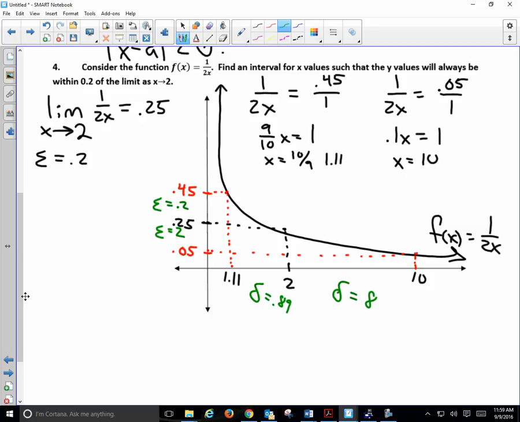You always choose delta to be the smaller value. Delta equal to 0.89 is our answer. If you want to ensure that all the outputs are within 0.2 of the limit, you need to make this window. And that will ensure that the limit is 0.25.